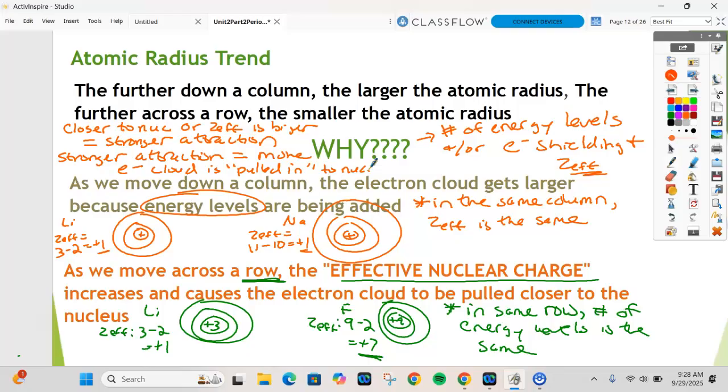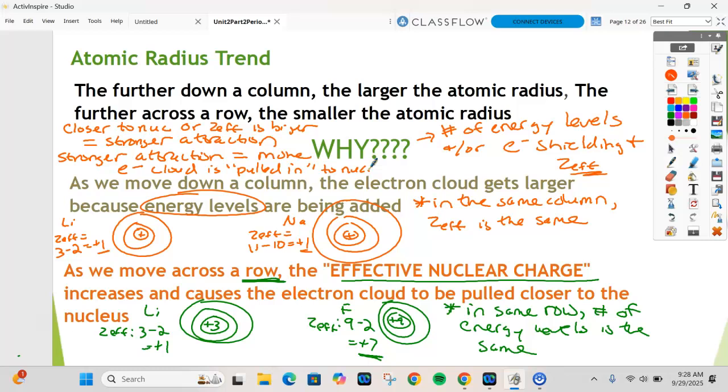If the valence electrons are more strongly attracted to the nucleus, they get pulled in closer to the nucleus and the atom will be smaller. If the valence electrons are not as attracted to the nucleus, they are spread out more and the atom will be larger.